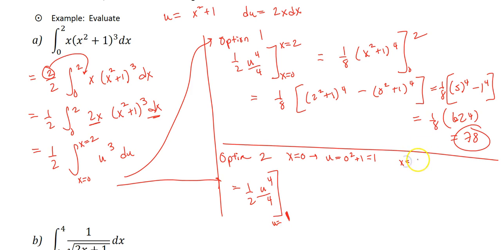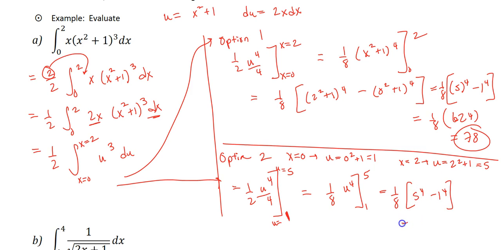And when x equals 2, u is going to be 2 squared plus 1, or 5. So this is going to be u equals 5. So when I integrate this, I'm just going to have 1/8 u to the 4th from 1 to 5. So that'll be 1/8 times 5 to the 4th minus 1 to the 4th, which is 1/8 times 624, or 78.